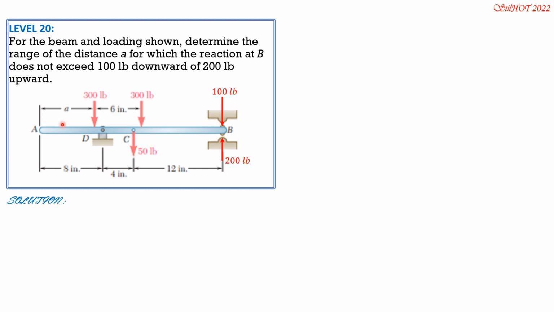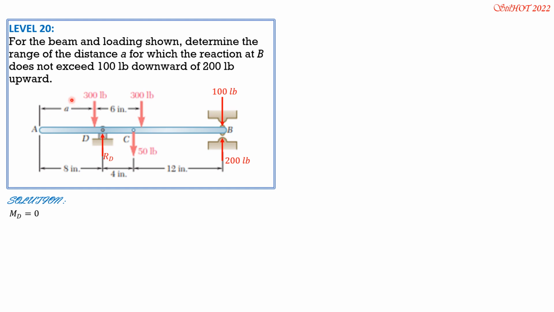So let's consider minimum A first. So we have reaction at D, of course. We don't want to solve for RD anymore, so we set MD equals 0 so that RD is not involved.